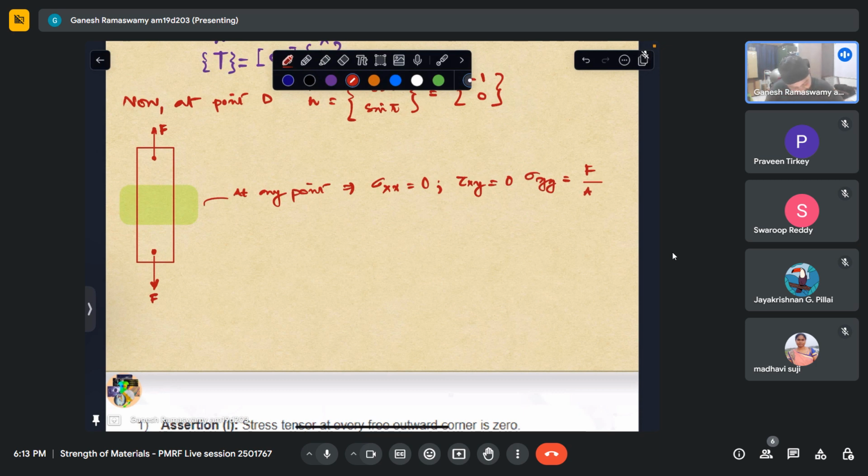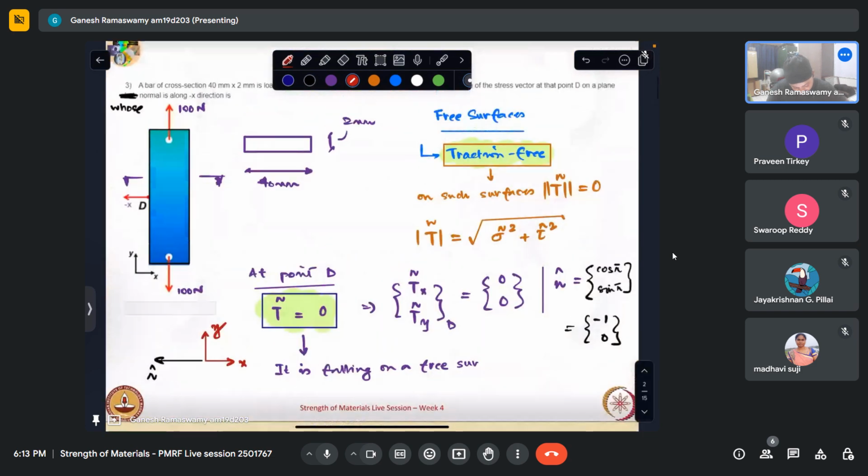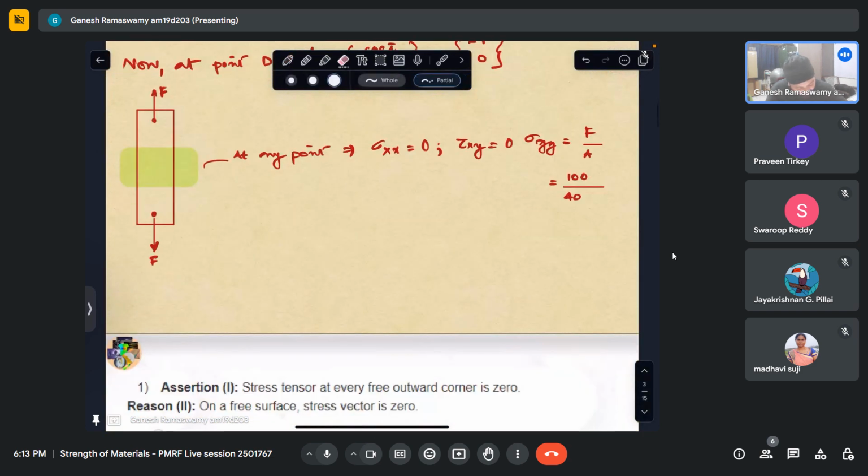And what is F by A? F is 100 we were given, and area was given to be 40 by 2 or something. So it is given to be 80, which is nothing but 5 by 4 MPa.